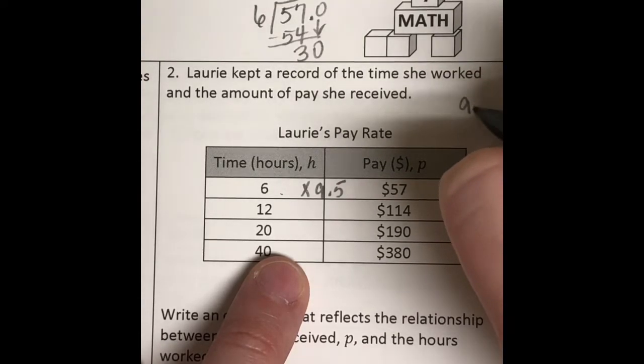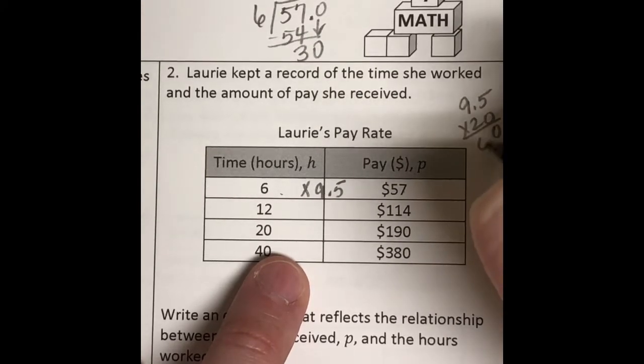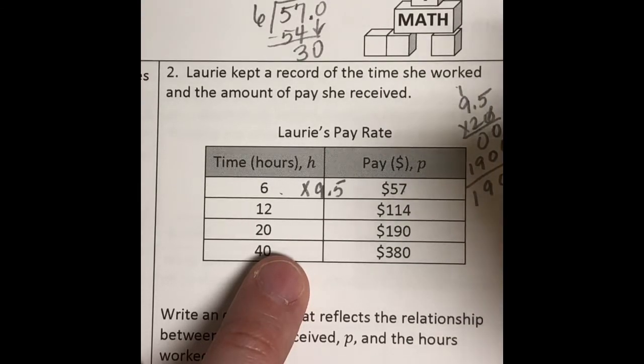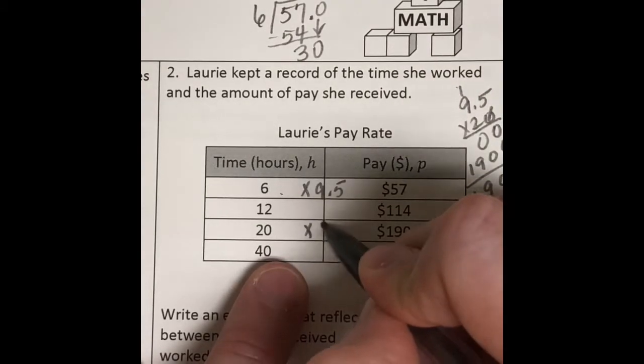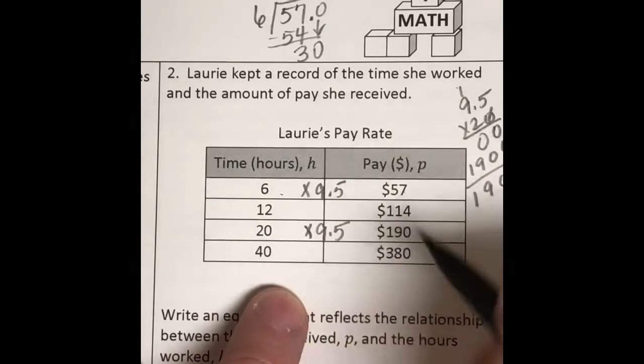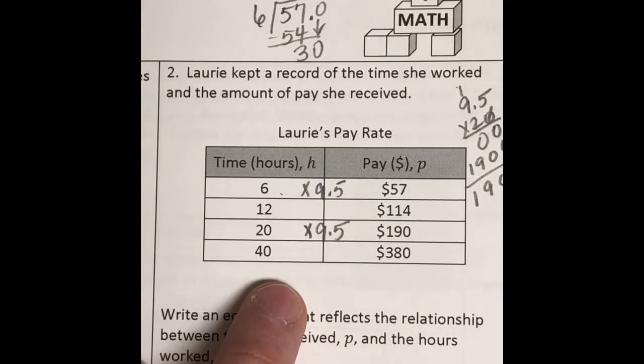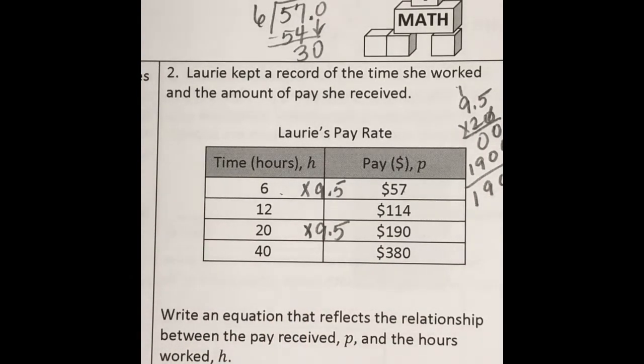So let's see, 9.5 times 20. I'm going to get all zeros, then 10, 18, 19. And I got 1 behind the decimal, so it turns out I did. So the constant rate is that it's constantly going up $9.50 every time.